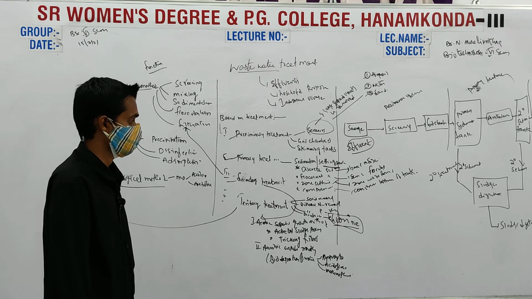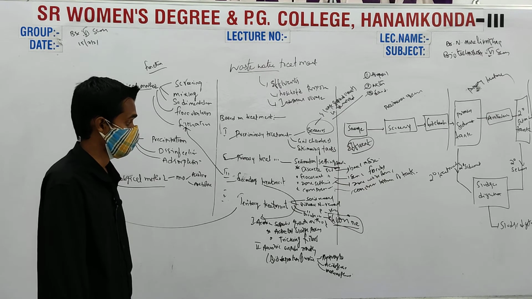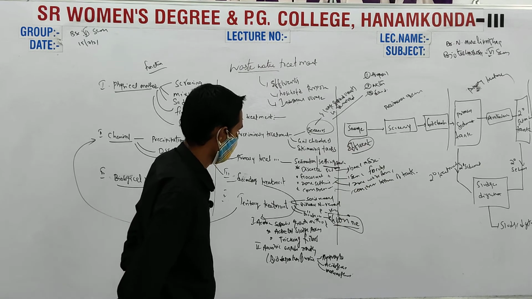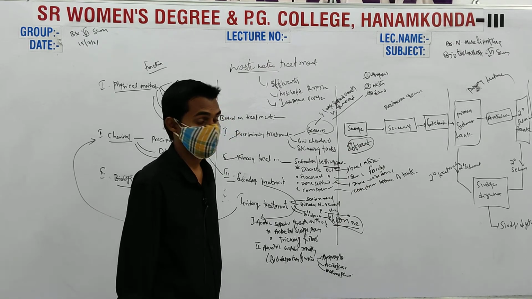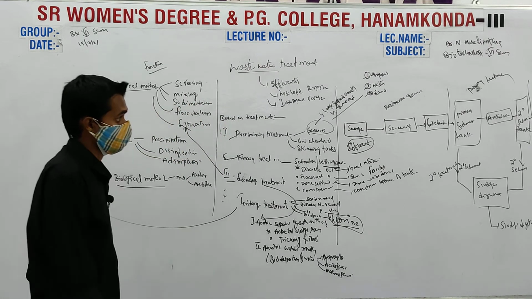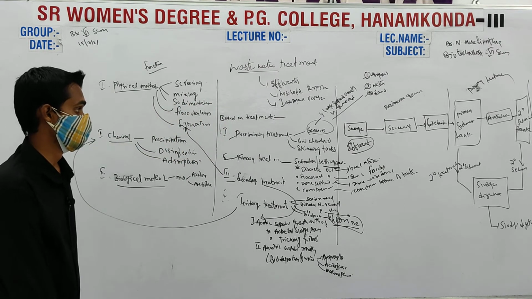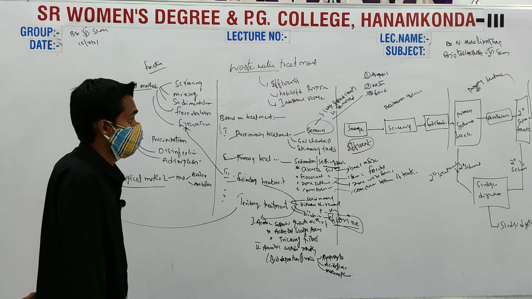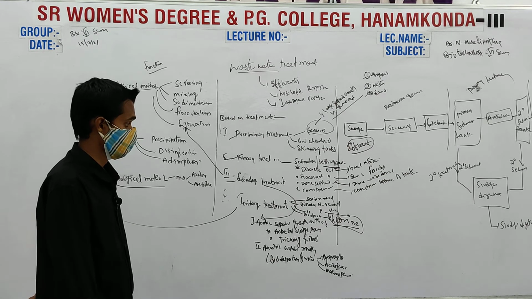The small micro particles, small micro pollutants, are removed by sedimentation, or it is called settling. In settling we use different types of tanks, called primary sedimentation tanks and secondary sedimentation tanks.